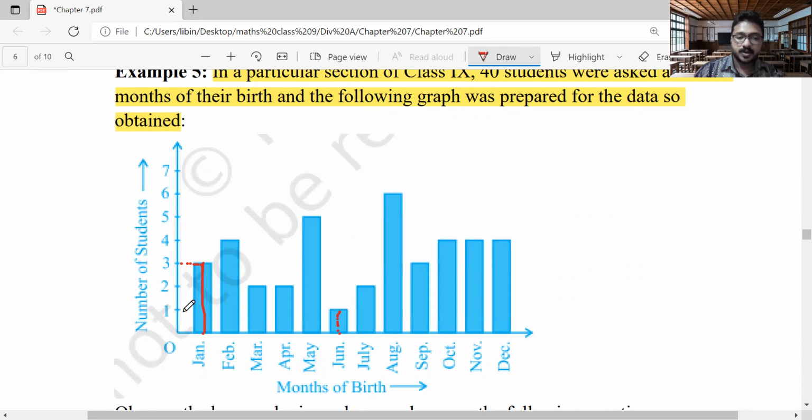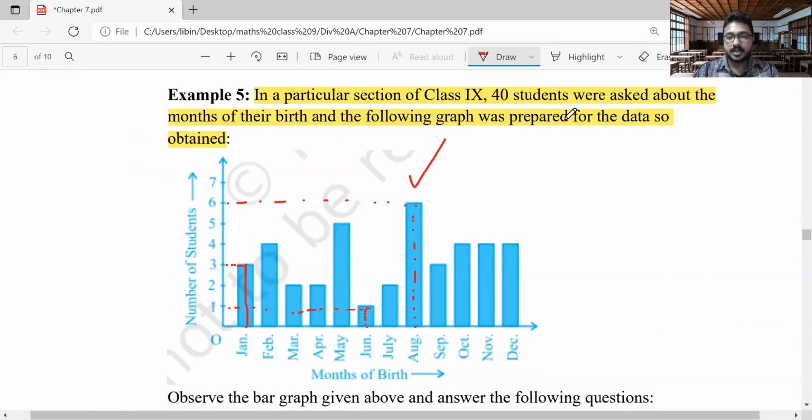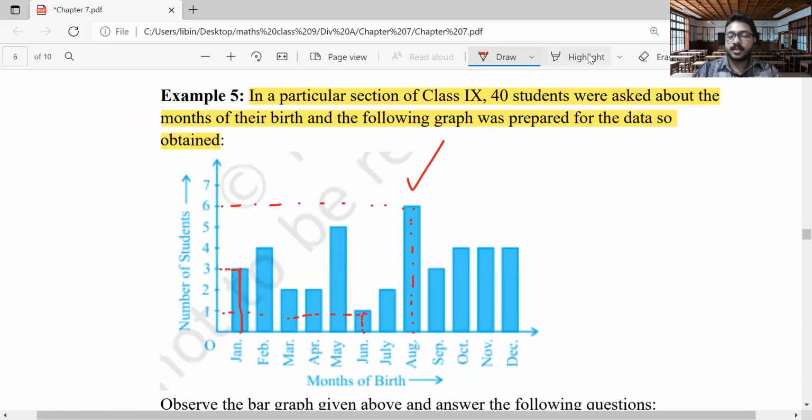Only 1 student. And in which month were the highest number of students born? You can see easily just by looking at the height of the bar. It is August, and 6 students were born in August. You can easily interpret the data given in a bar graph.